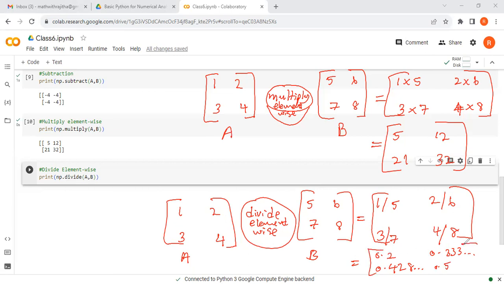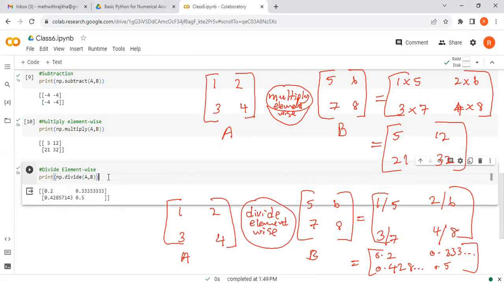So we are getting 0.2, 0.33, 0.42, 0.5. You should be getting that from this one. Yes, correct.